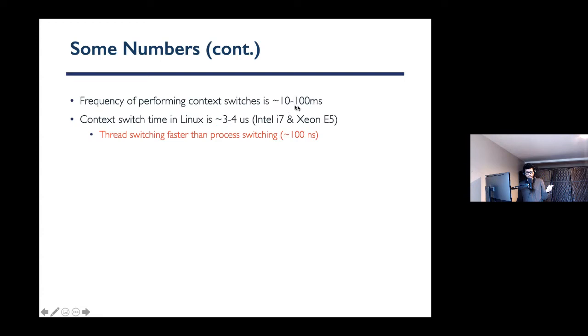But if you're doing context switching in orders of milliseconds, then the context switching overhead is low. When you design your systems, you want to know how long it takes to context switch, and then you want to set the frequency of context switching to be orders of magnitude lower, so that the overhead cost is low.